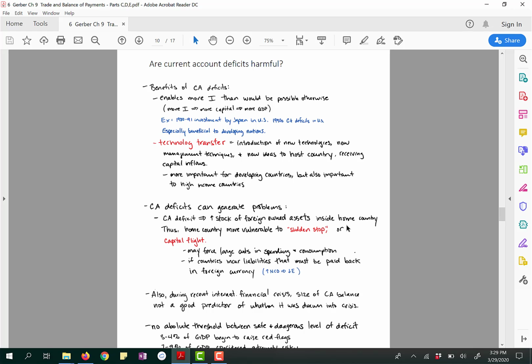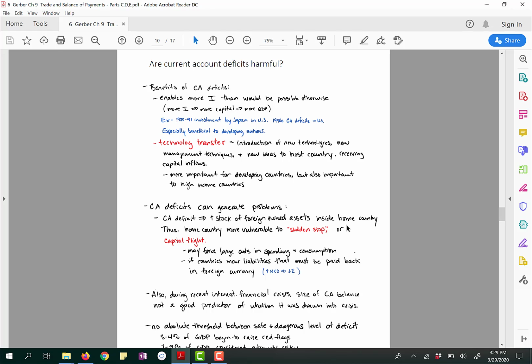Capital flight is also especially dangerous for countries that borrow in foreign currencies, and that foreign currency is usually the dollar. So recall from Mankiw Chapter 19 that capital outflow depreciates the domestic currency.